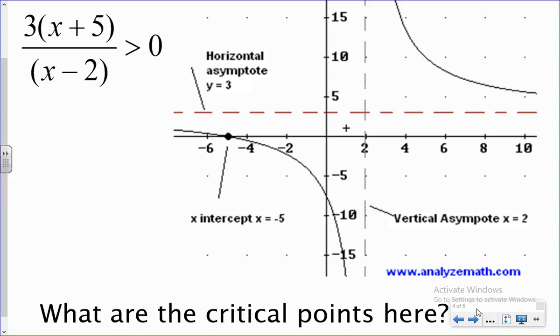Look at the graph and look at what separates pieces of the domain that satisfy that inequality versus pieces of the domain that would not satisfy that inequality. Take 30 seconds and talk to your neighbor about what would be critical. Are just the zeros critical, or is there anything else we need to consider? 1, 2, 3, go.